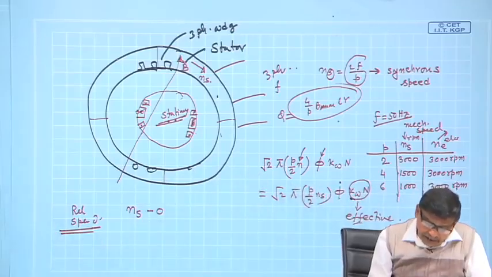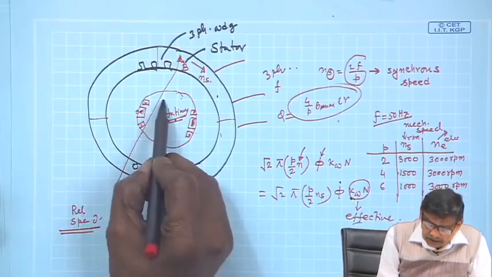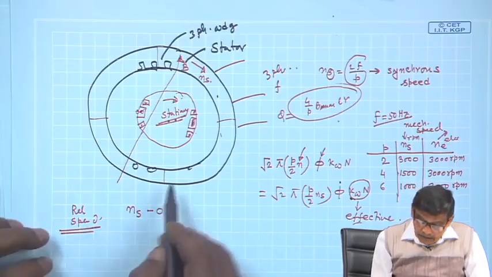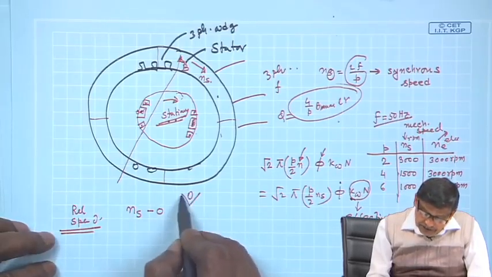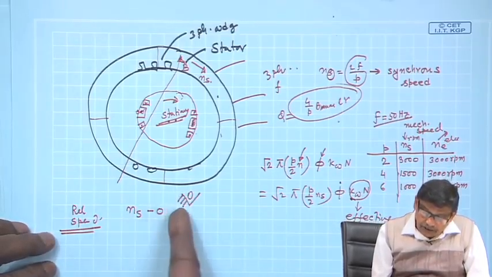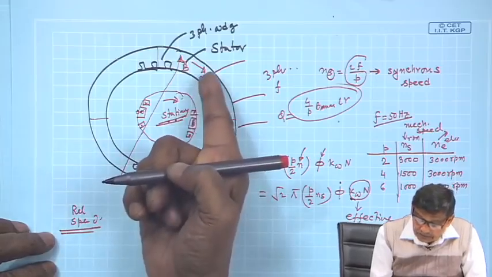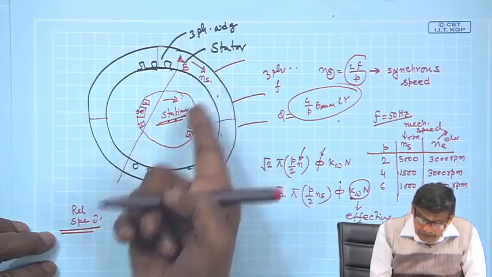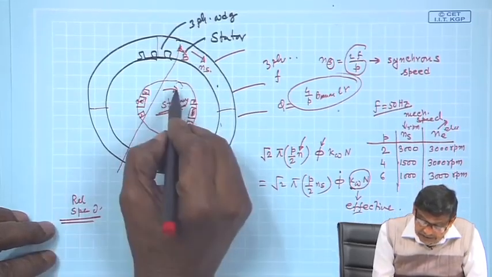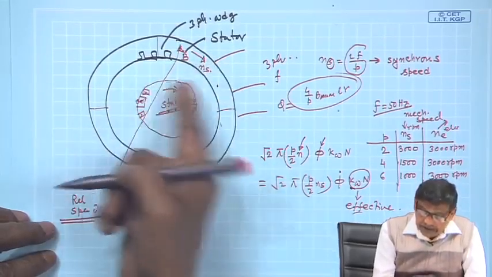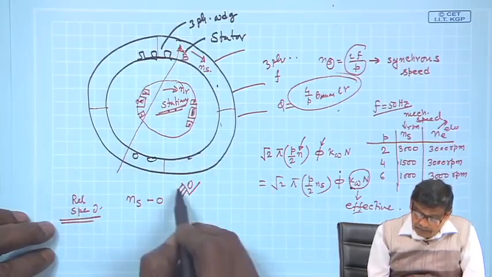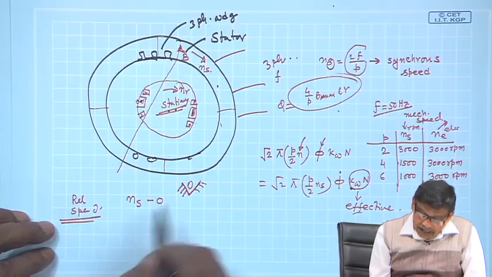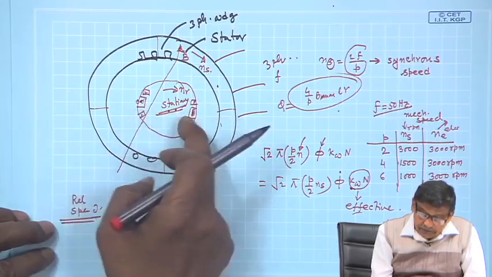On top of it, if I say this rotor is also moving in the same direction, with respect to a stationary observer, the speed of the field is n_s, the speed of the rotor is n_r, all are mechanical speeds, it is moving. That is what a stationary observer concludes, and he wants to calculate what will be the induced voltage.